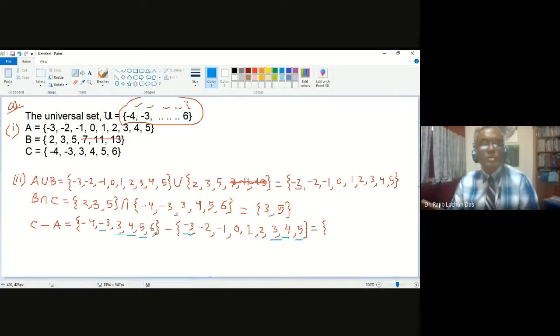So the uncommon elements on the left side you will write are -4 and 6, right? Yes, sir. So these two elements will be in C minus A. If you find A minus C, that will be different. That will not be the same answer.